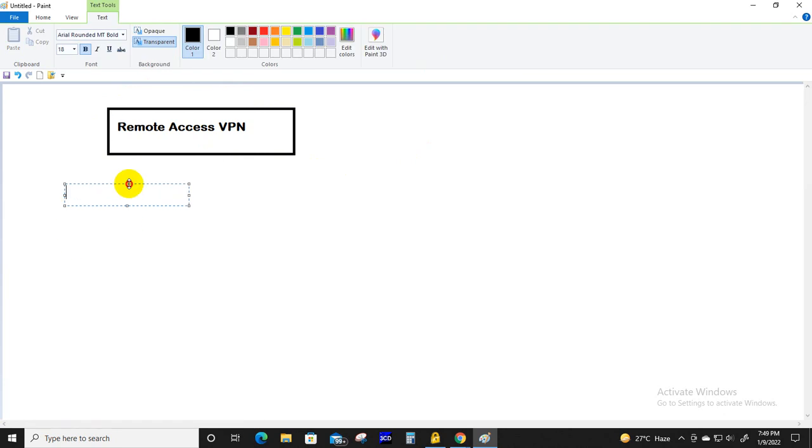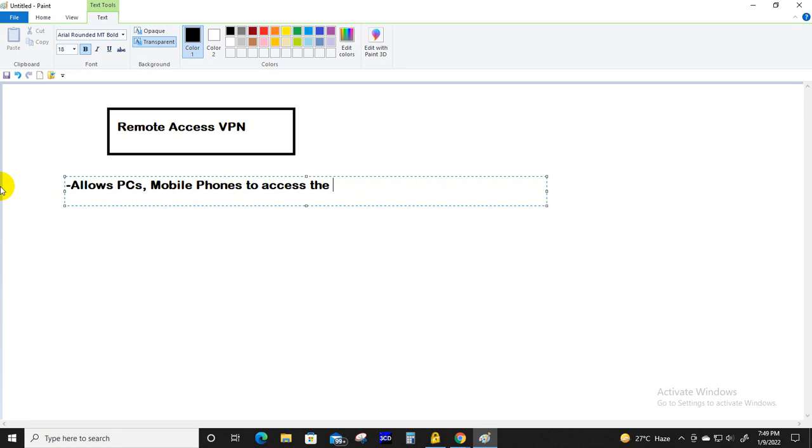Advantages: allows PCs, mobile phones to access the internal resources of a company over internet.